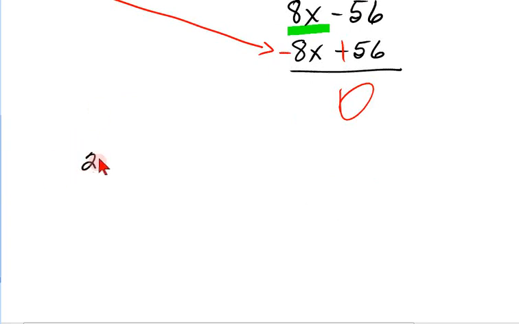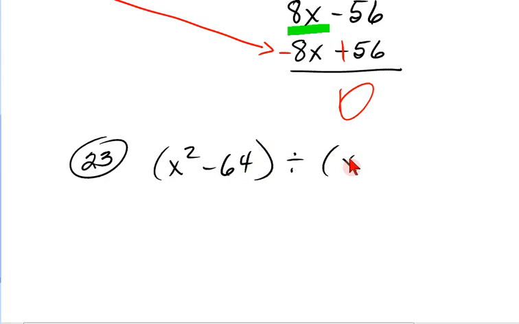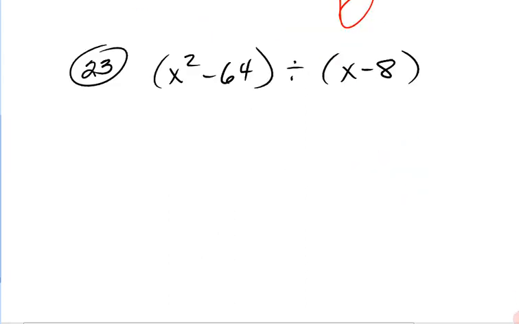23. The problem is x squared minus 64 divided by x minus 8. It was important that I write that down because we're going to have to do some division. We're going to do division, but we've got to add a term. Does everybody notice that there's a gap here?